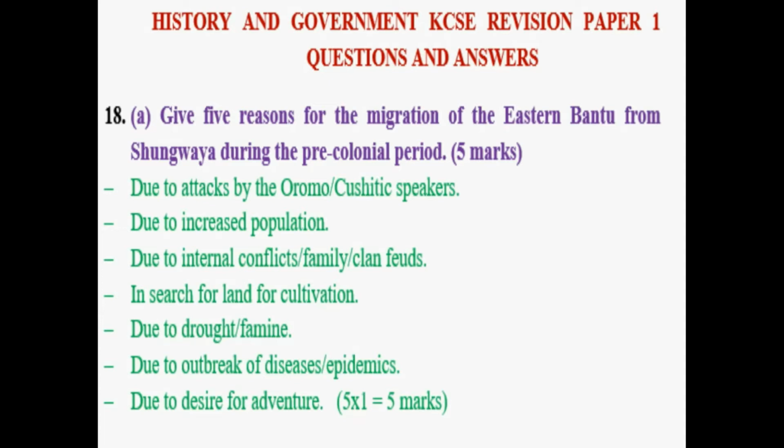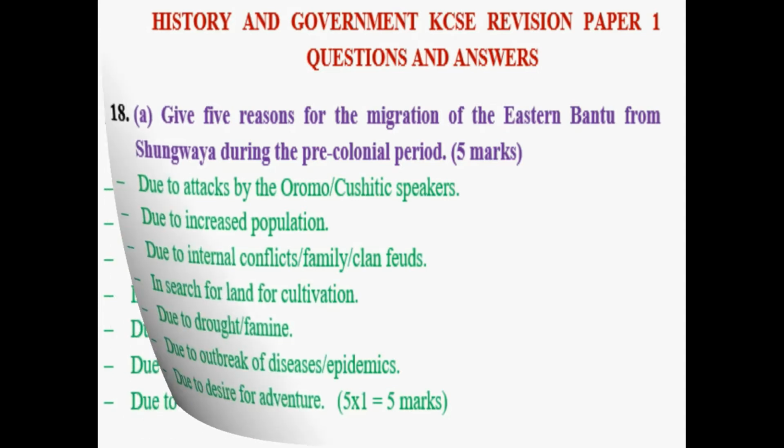So these people were attacked by Oromo, and these are Kushite speakers. Number 2, due to increased population. The population was very high, and these people decided to move. Rather than being attacked by Oromo, they were also very many.